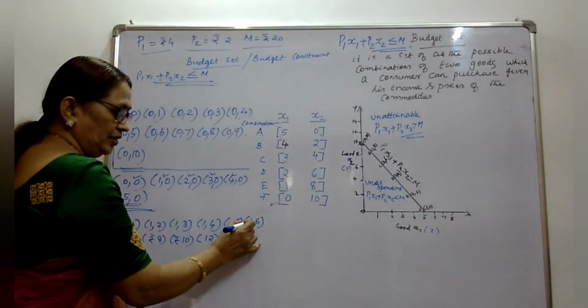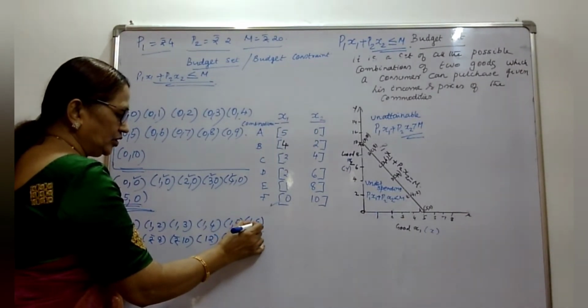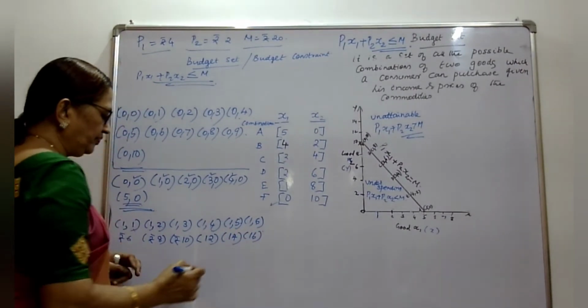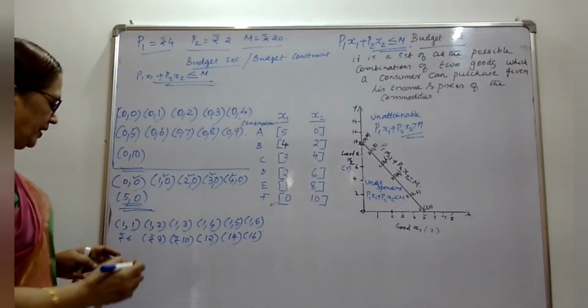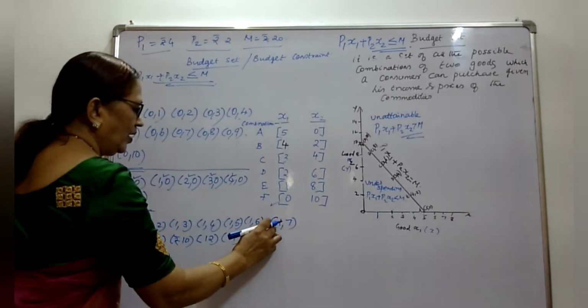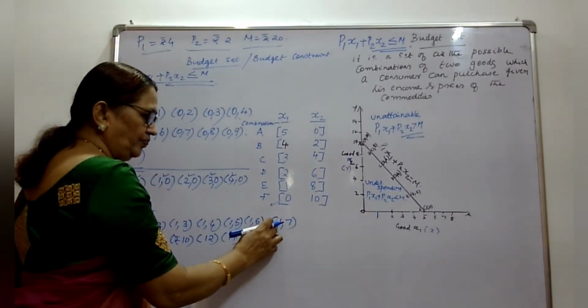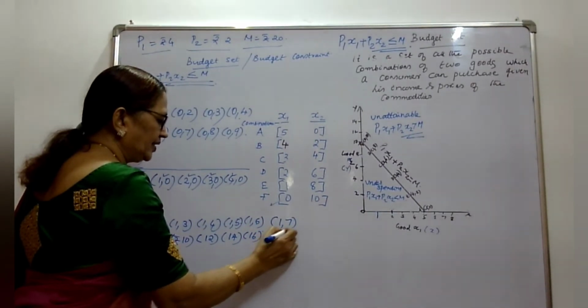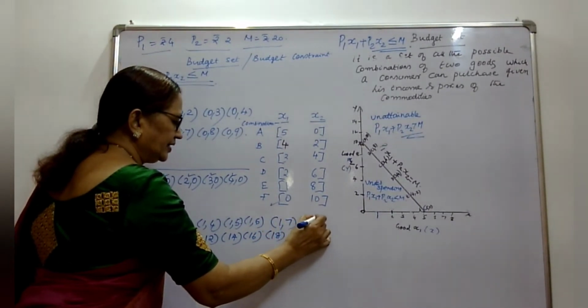Here 1 unit of x, 4 rupees, 6 units of y, 12, plus 4, 16. He can afford the next bundle, that is 1, 7. 4 plus 14, 18.